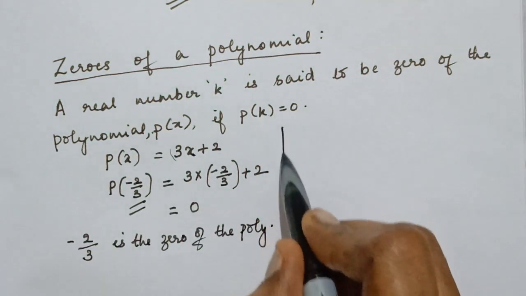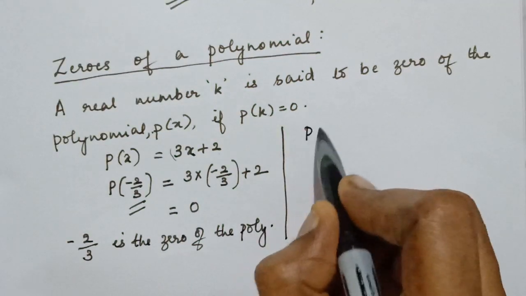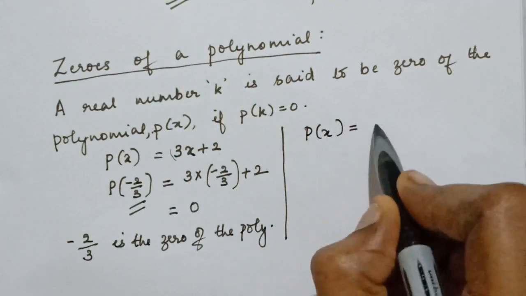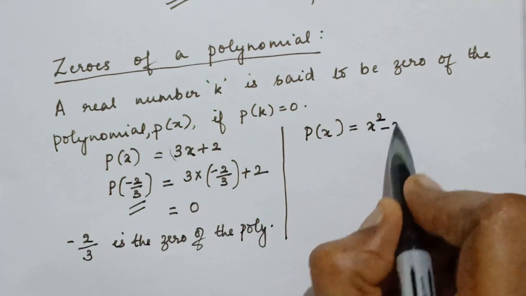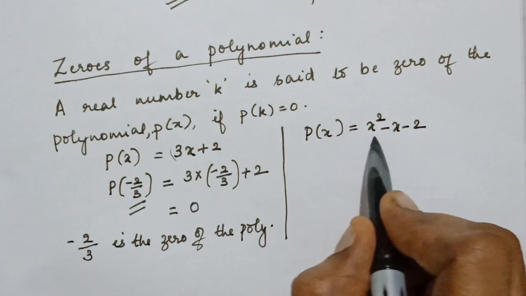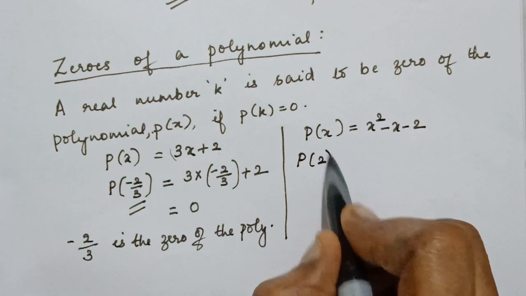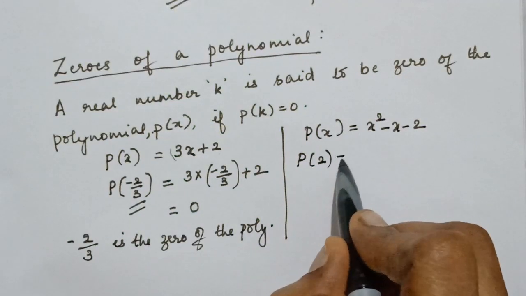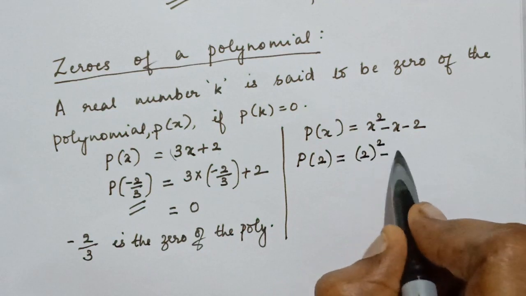Now we will see another polynomial, p of x equal to x squared minus x minus 2. Now you can understand that p of 2 is equal to 2 squared minus 2, minus 2.